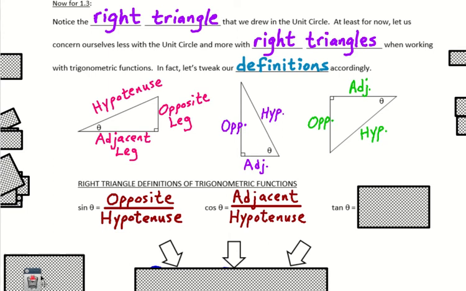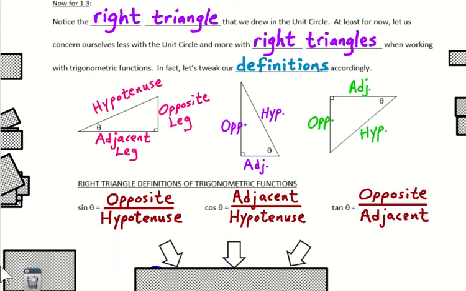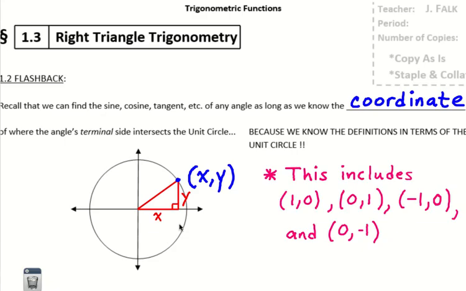that we would now define sine, cosine, and tangent like so. We would define sine as opposite over hypotenuse. Now I want you to notice that sine of theta, and what would make this picture complete is putting a theta right there. Okay?